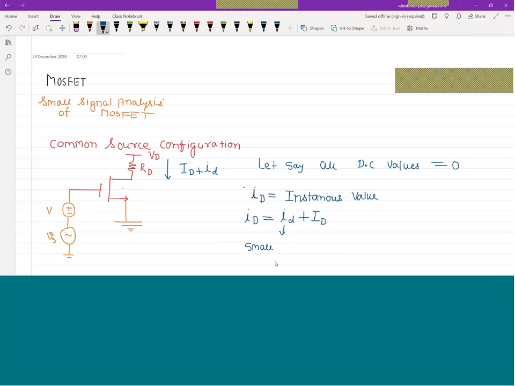Because we want AC, we want a linear amplification, a small signal, and this represents the DC component.